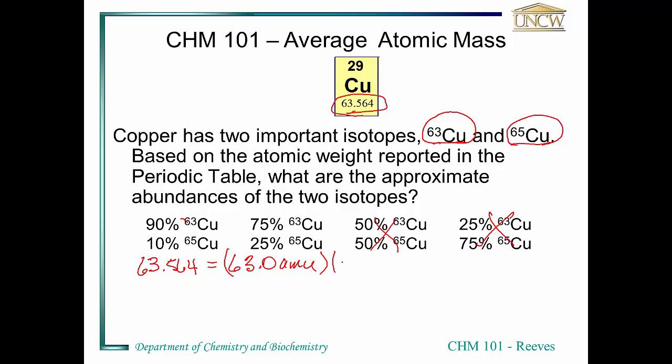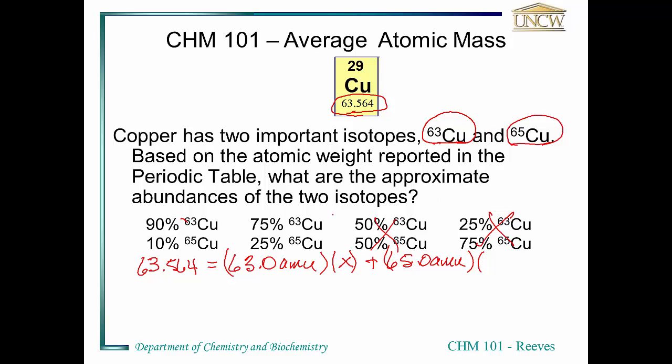Well, that's the question, so we'll call its abundance X. And then the mass of the other isotope, which is 65.0 AMU, times its abundance. Well, we don't know its abundance either, but we can't use another variable because we only have one equation. On the other hand, we know there's a relationship between the abundance of 63 and the abundance of 65, since they're the only two isotopes in the sample.